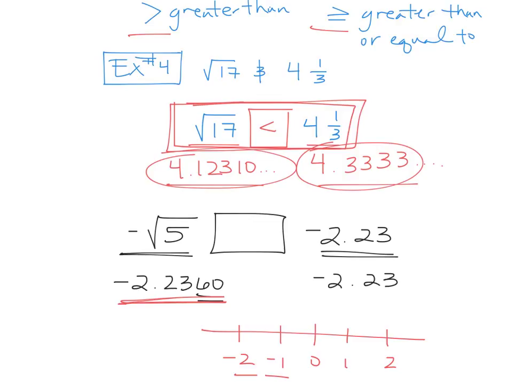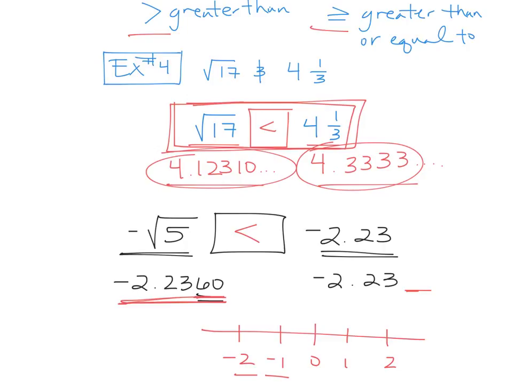So because these are negative, the one that looks bigger is actually smaller, right? So in this situation, if this is negative 2.23 and this is negative 2.2360, this one looks bigger because it has the 6 behind it versus a 0 behind it.